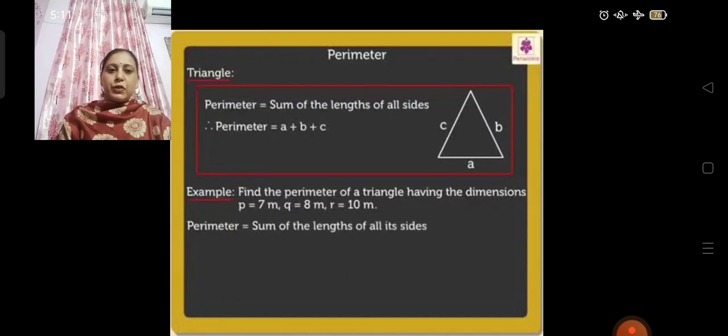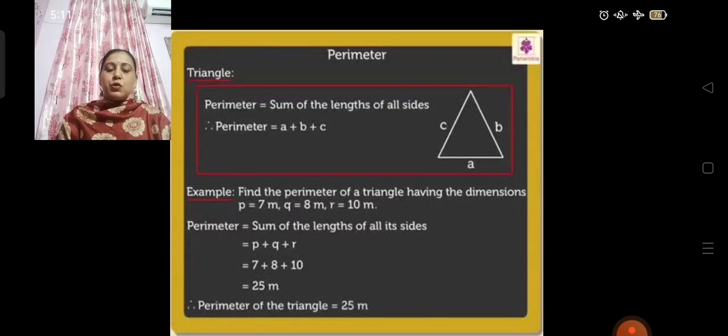That is, I will write it as A plus B plus C, or I can write it as P plus Q plus R, as I have given the dimensions as PQR. So I will substitute the value of P as 7, the value of Q as 8 and the value of R as 10. When I add them up, I will get the result as 25 meter. So the perimeter of the triangle is 25 meter.